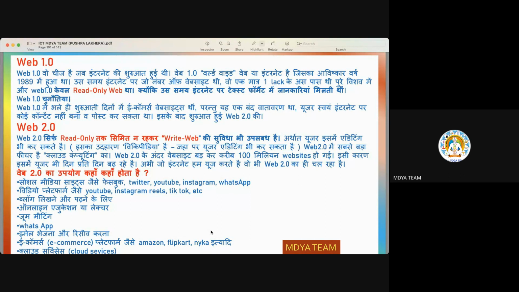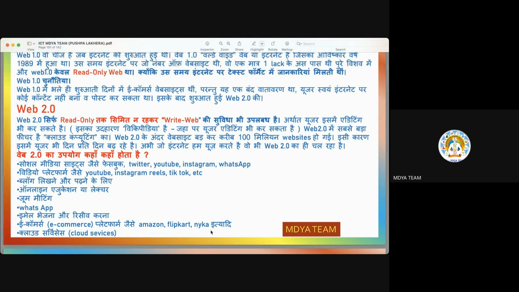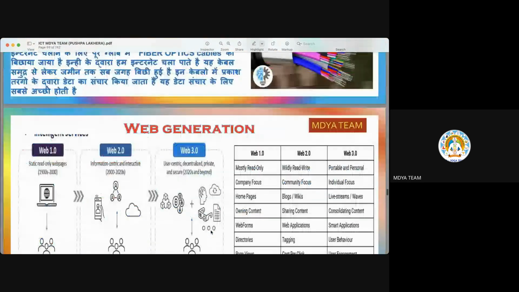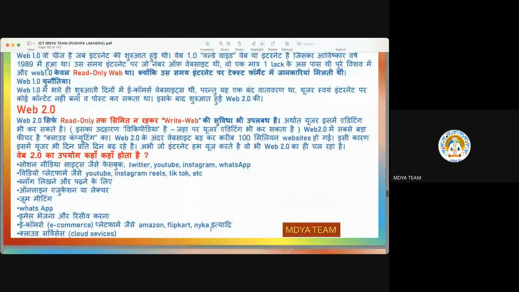So nowadays we are using Web 2 also. Where can we use Web 2 generation? Facebook, Twitter, YouTube, Insta, WhatsApp, all those platforms are provided by the Web 2 generation. Insta Reels, TikTok, and all those.